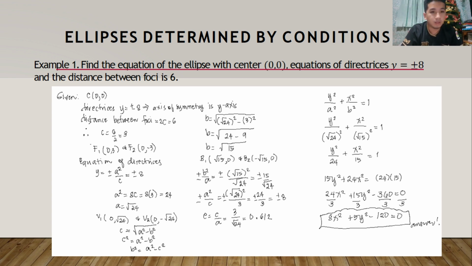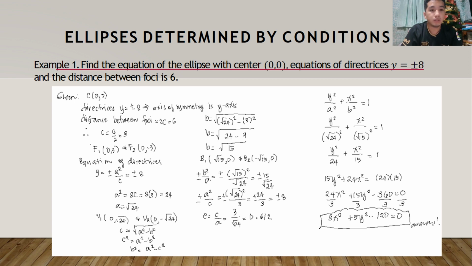So, c is equal to 6 over 2 equals 3. Our F1 is (0, 3), and our F2 is (0, negative 3). Equation of directrix, y equals positive and negative a squared over c equals positive and negative 8.